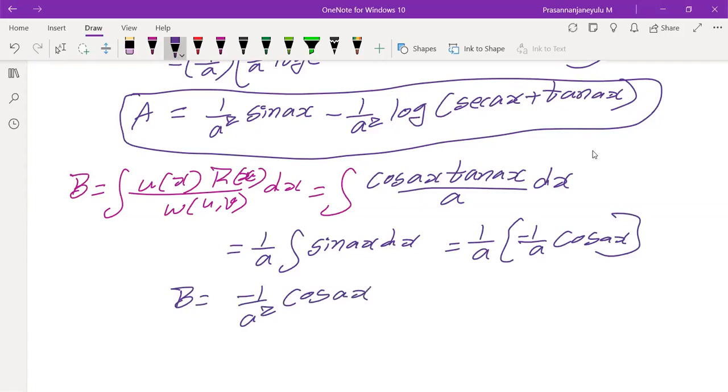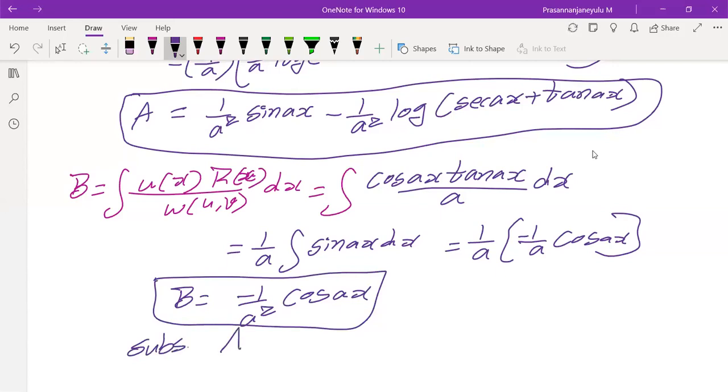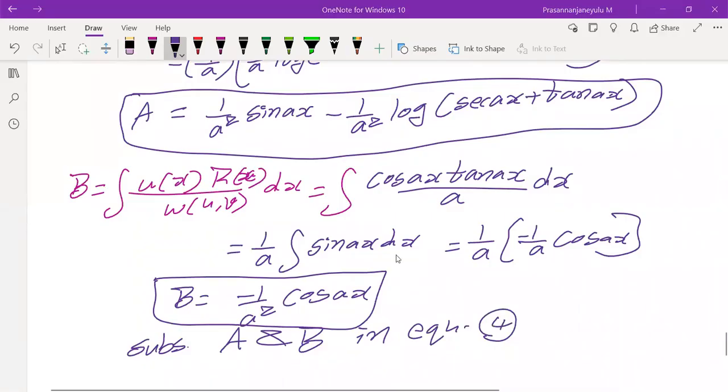After we get this, substitute capital A and capital B in equation number 4. Then we'll get yp. So we got here A and B, and according to our discussion we have to substitute A and B in equation number 4.